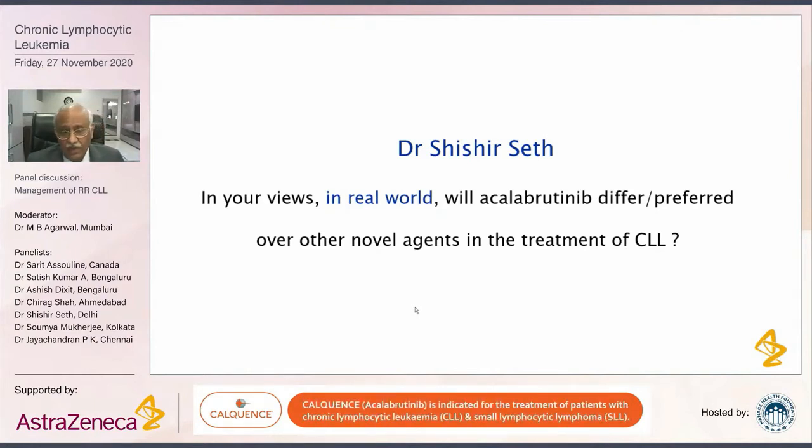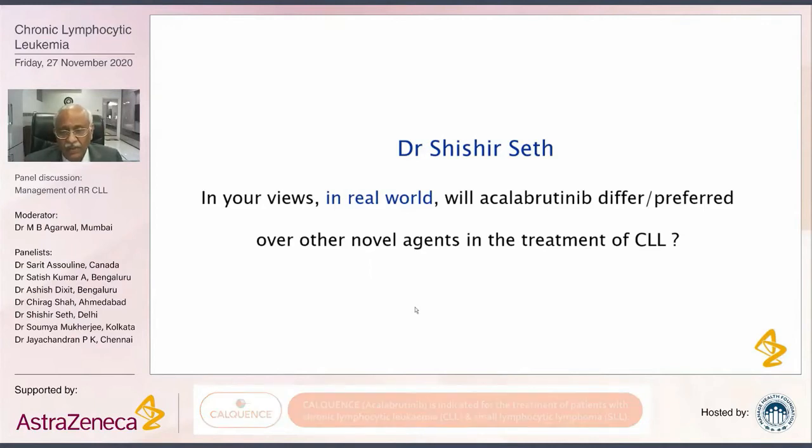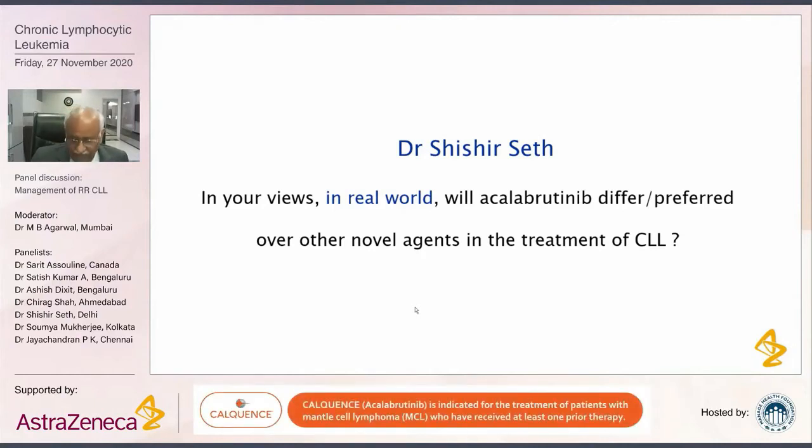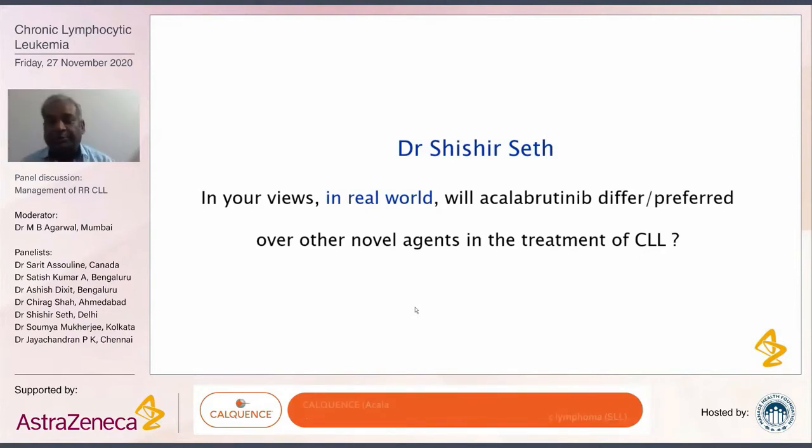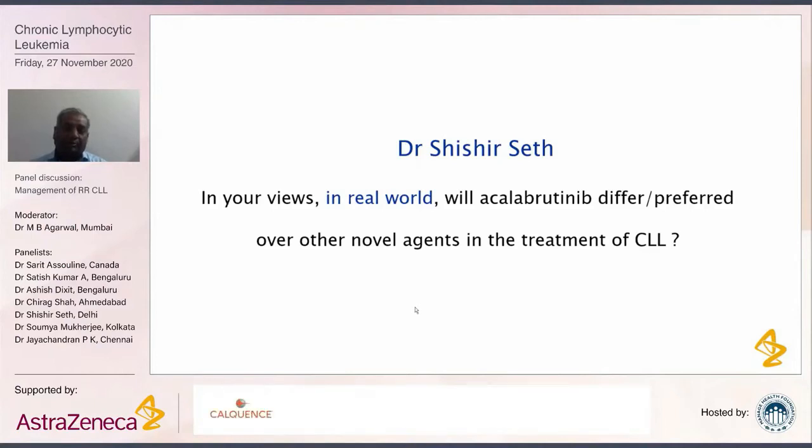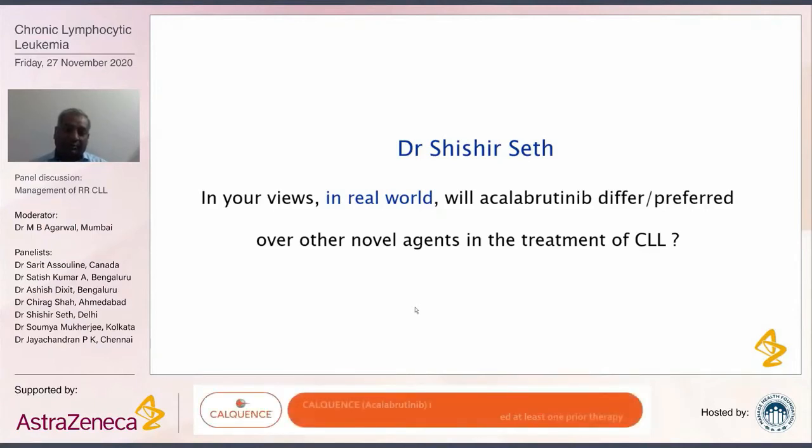In your views, in the real world, will ACAL differ or be preferred over other novel agents for the treatment of CLL? Data looks promising that acalabrutinib is a selective inhibitor, so the toxicity is limited, so it is better tolerated. So maybe it will be one of the preferred agents, especially when we are selecting within this class, meaning ibrutinib versus acalabrutinib.